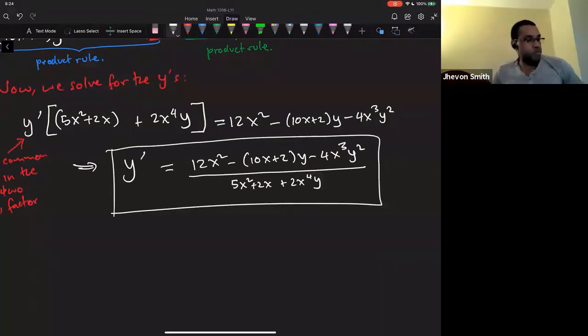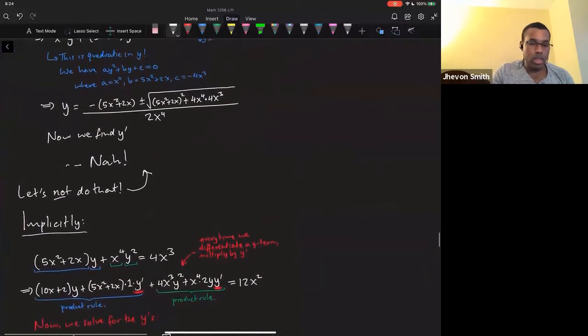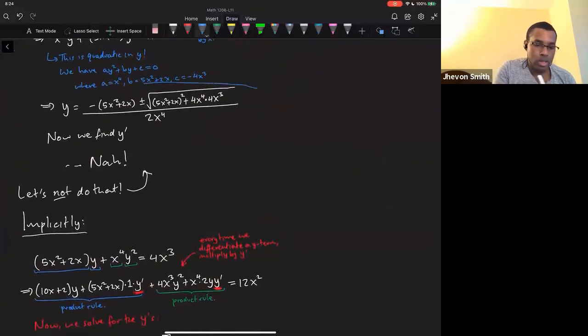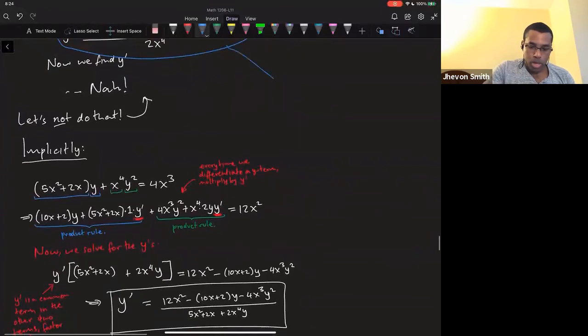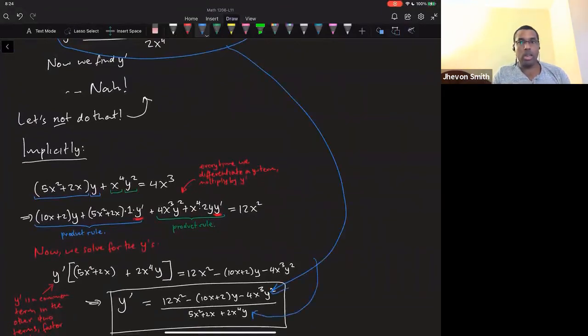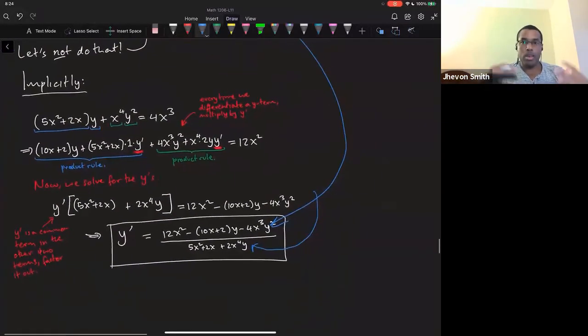Now, if you wanted to realize what doing it the explicit way would mean, imagine this thing right here plugged in here and here. Just imagine how huge that would be. That's what you would have had to figure out.